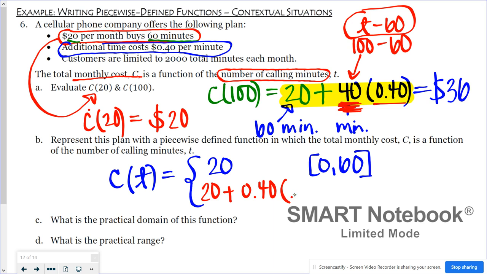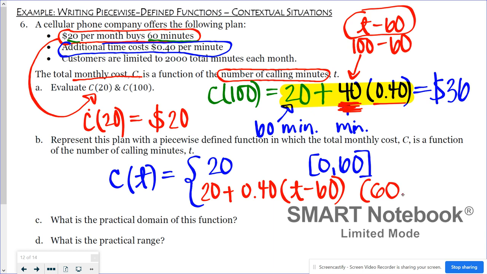So t minus 60 is representing the time beyond those 60 minutes. Now when it comes to the domain for this piece, this basically started when we went beyond 60 minutes. So I can use a parenthesis and say 60, because I'm not saying 60, I'm saying like 60.1 minutes. That's where this would come into play.